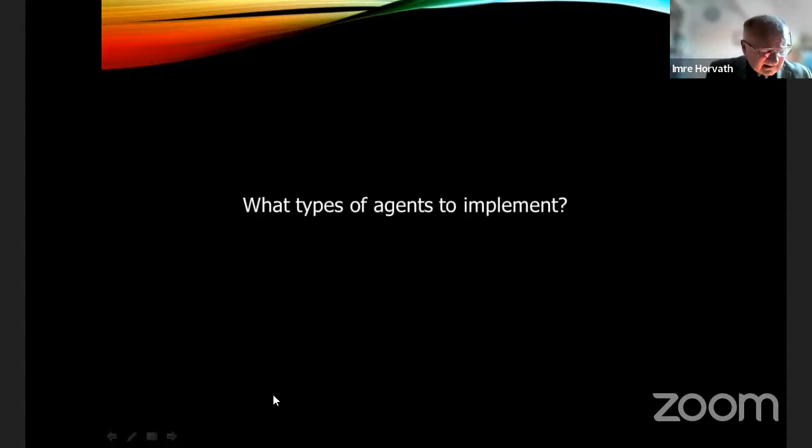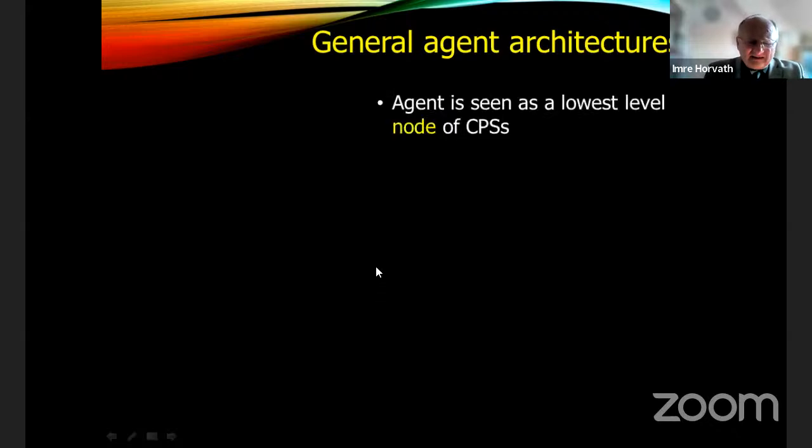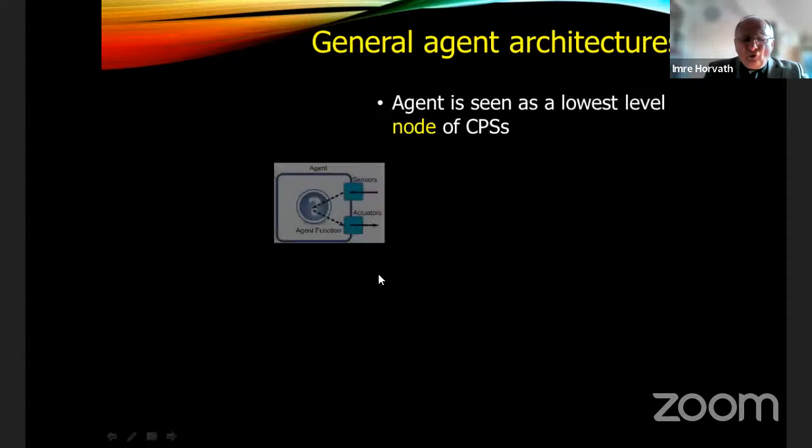So then the next question from a developer point of view: what types of agents can we implement for cyber-physical systems? And here we have to start out from the so-called general or common agent architecture. An agent is seen in a cyber-physical system as the lowest level node.